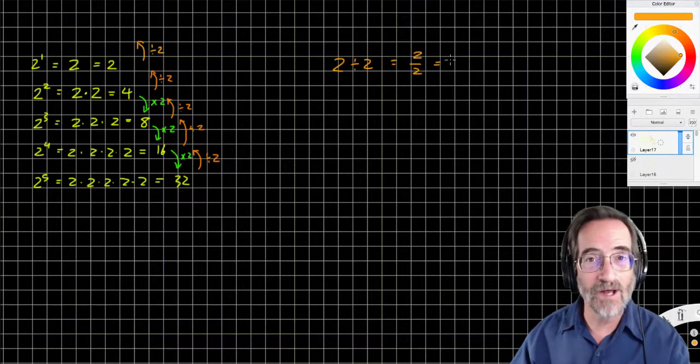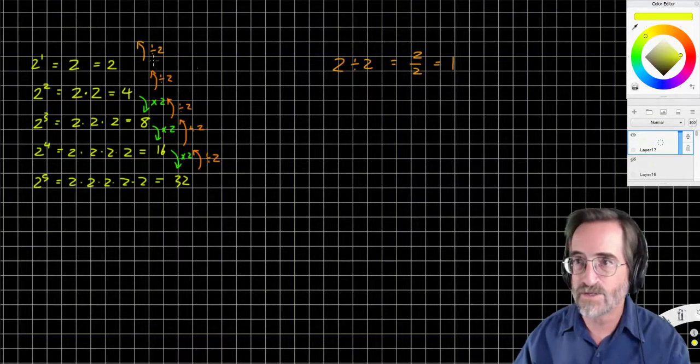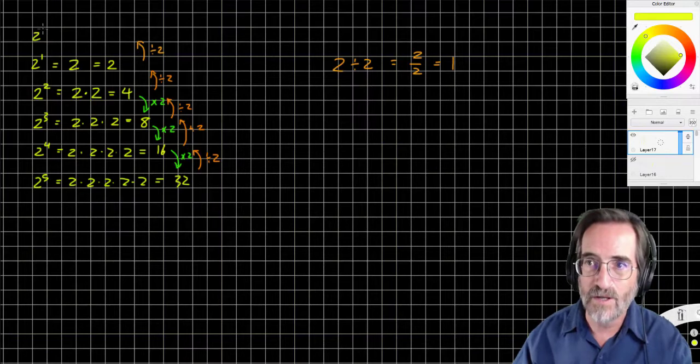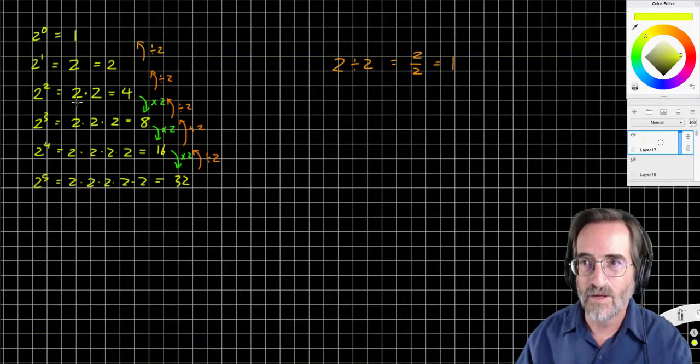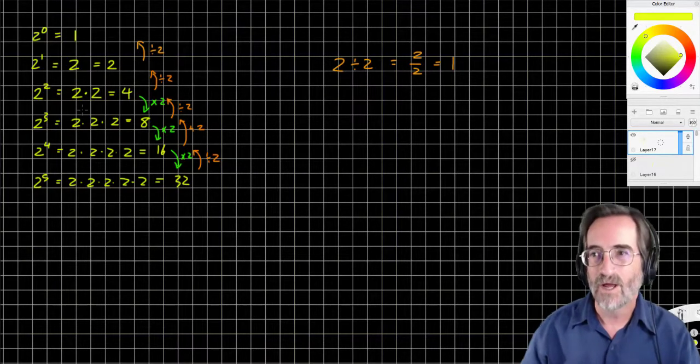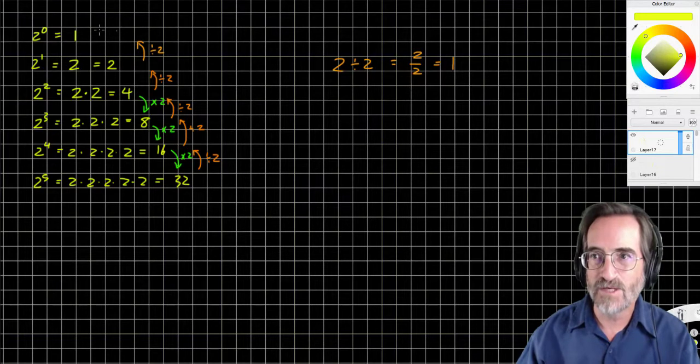Anything divided by itself is 1, right? So if I take this down to the next step, what are the exponents here? 5, 4, 3, 2, 1. The next one in that pattern is 0. 2 to the power of 0 is 1. And think about it, 2 divided by 2 is 1.